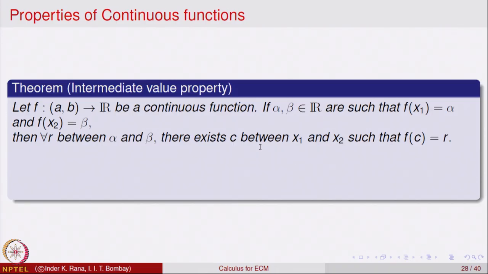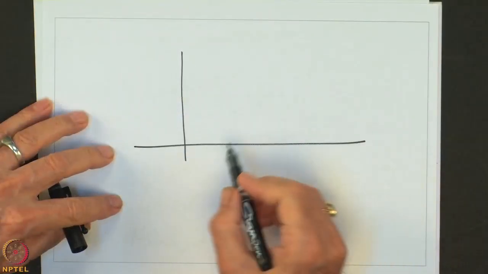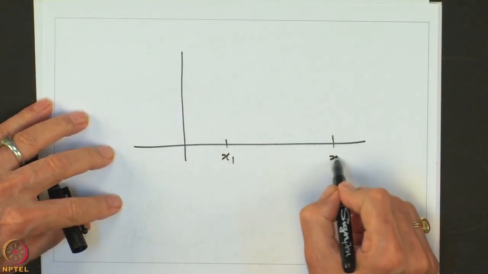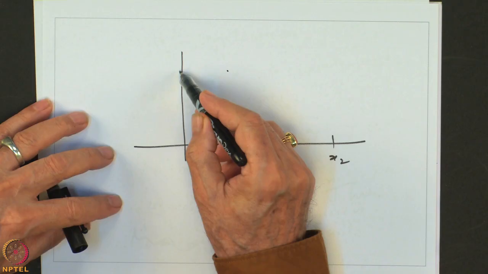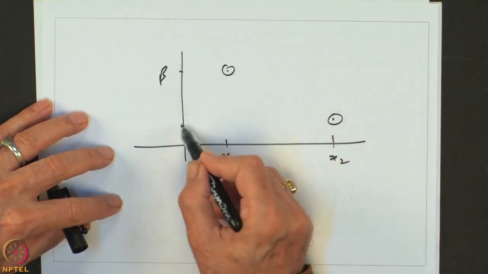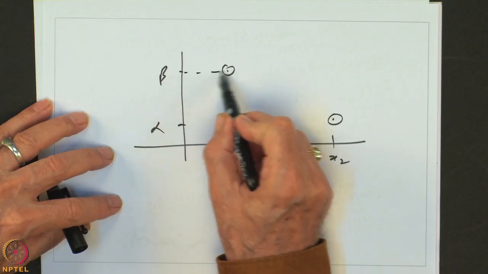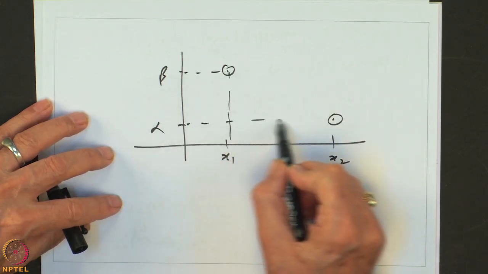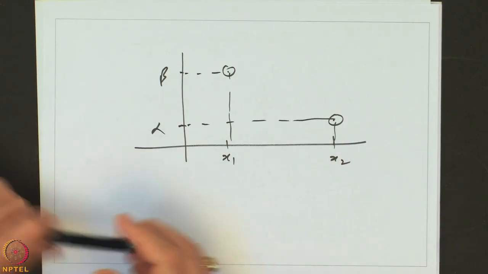So, let us look at this graph again. This is x1 and this is x2. So, this is the point beta and this is the point alpha. So, this is the value, right.